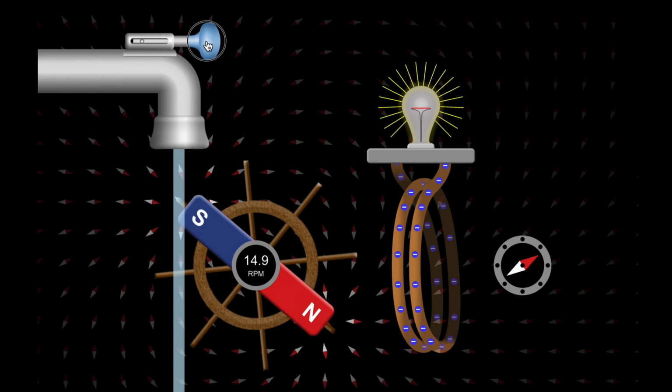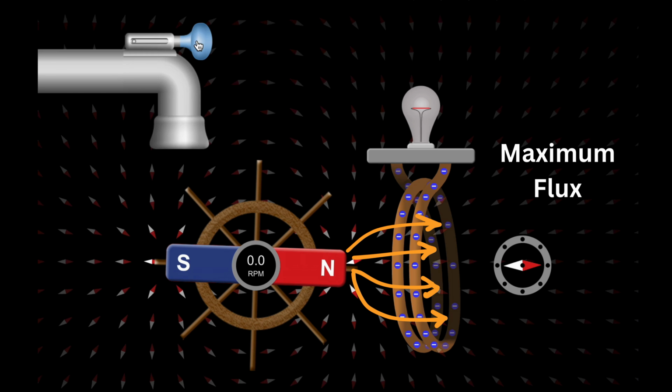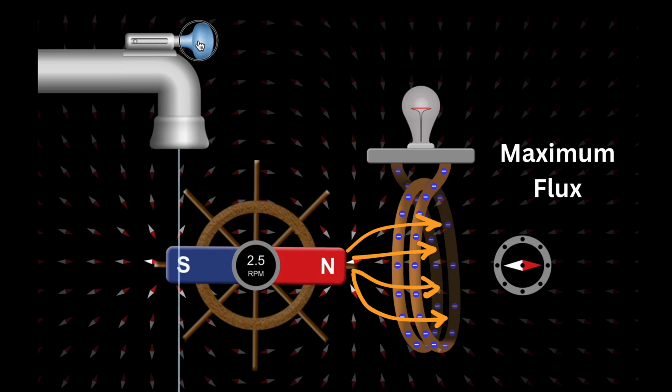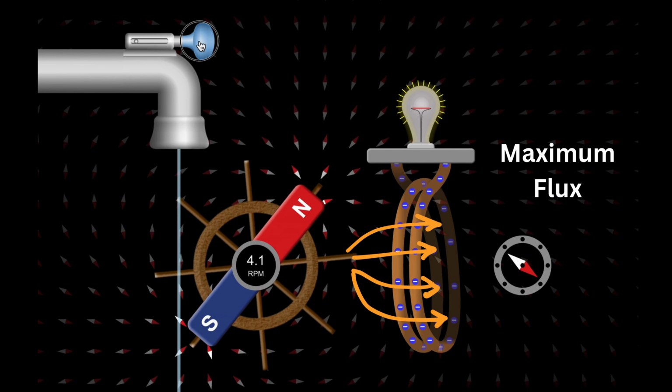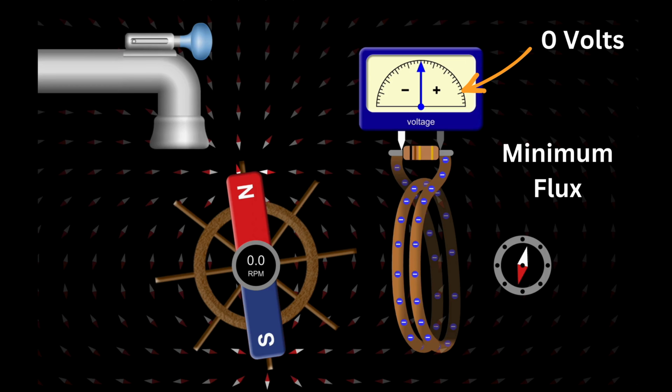When the magnet is in a position such that the magnetic field passes through the coil most strongly, the magnetic flux linked with the coil is maximum. At this instant, the voltage induced across the coil is also maximum. When the magnet rotates by 90 degrees, the magnetic field cuts the coil very weakly, so the magnetic flux becomes minimum, and the induced voltage becomes zero.